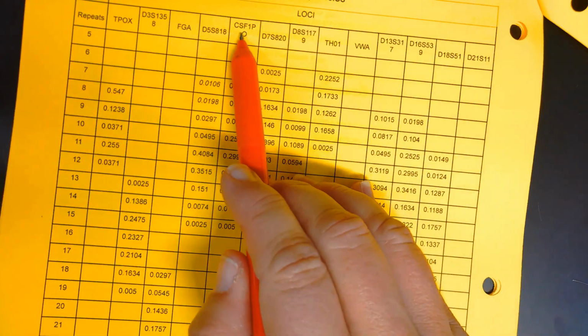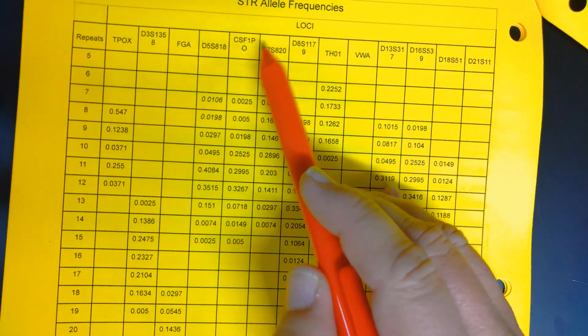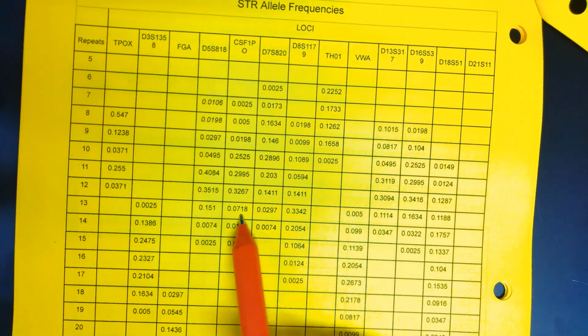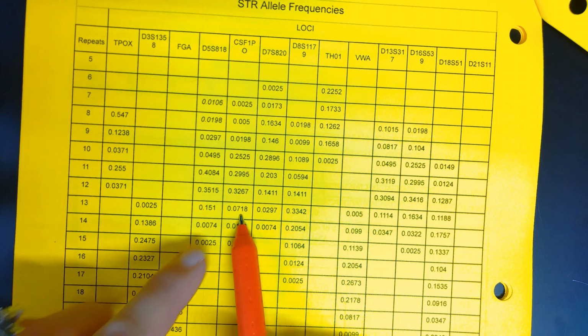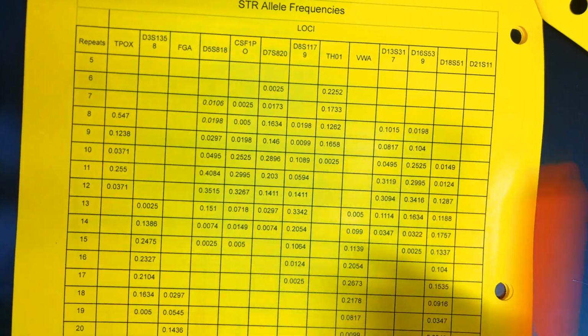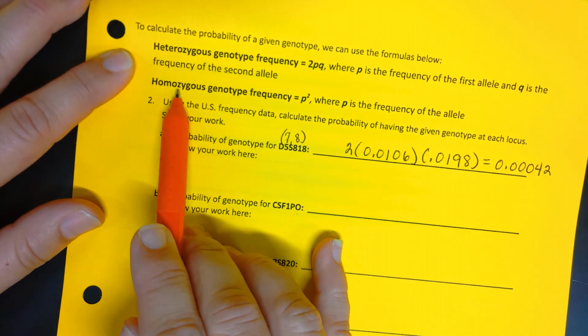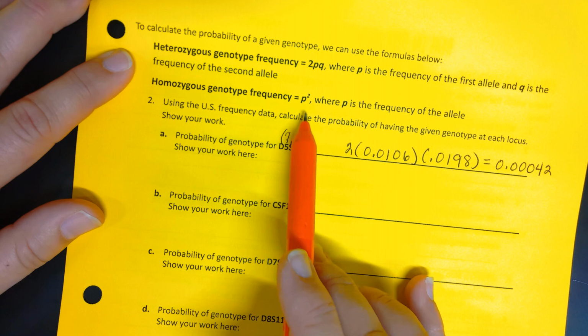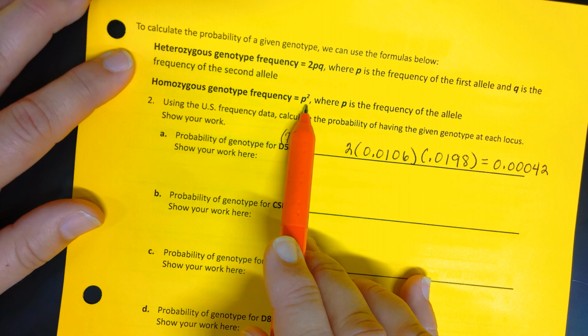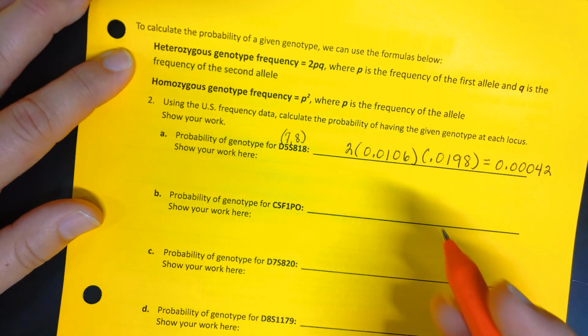So there it is, CSF1PO, and we said 13 repeats. If I come down, it's 0.0718. On your probability worksheet, you'll notice that for the homozygous, we do not multiply by 2. We're just going to square the number, or multiply it by itself.